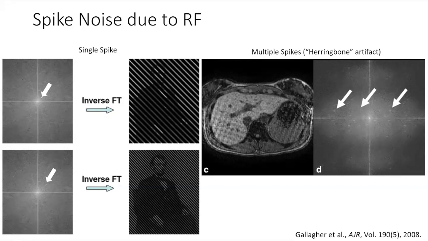So, typically, the lines at the center of k-space are where the gradients, one or both in the case of the center, are 0.